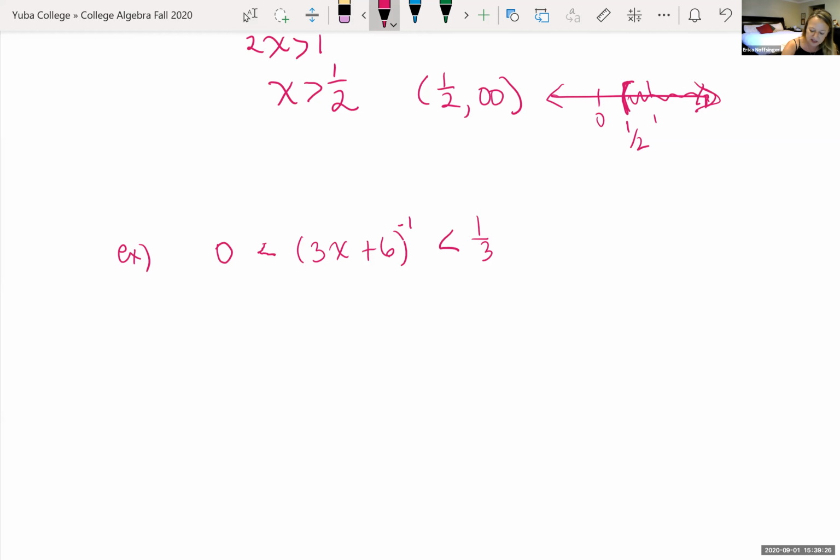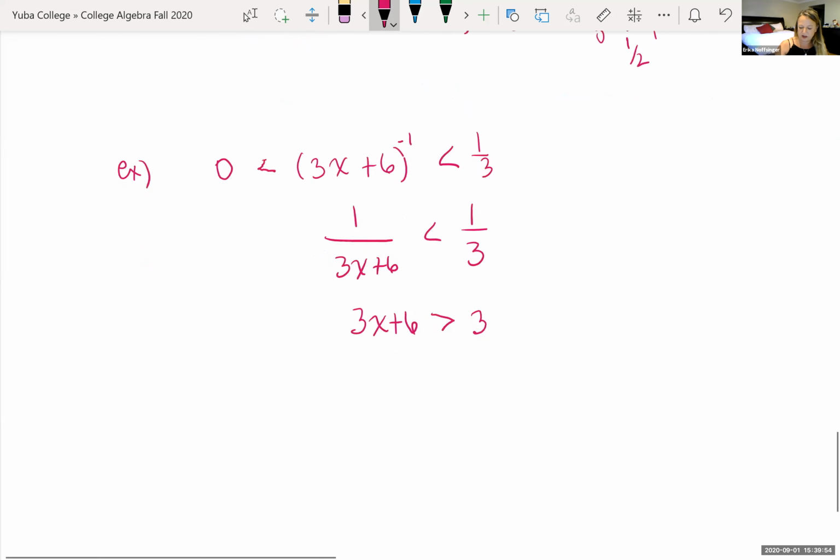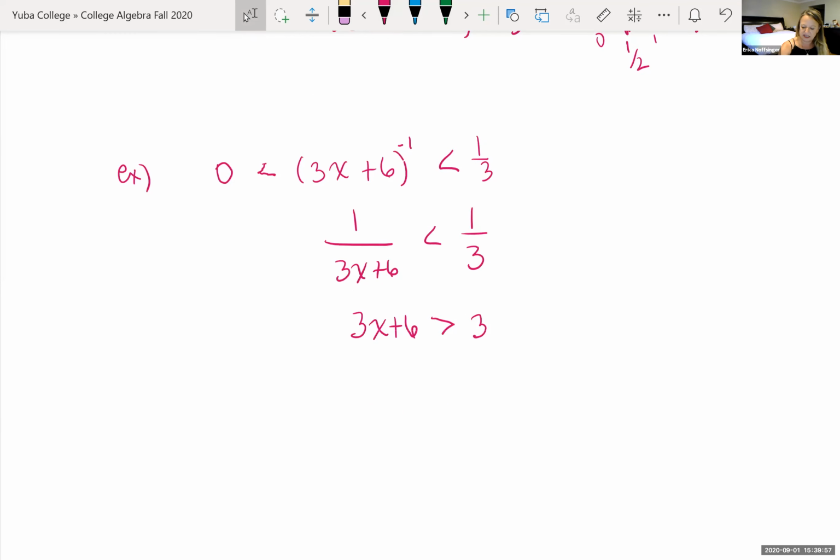I know that if I take the reciprocal, this is going to make it bigger. And so then I'm going to have 3x plus 6 is greater than 3. I also know that this is going to be bigger than 0.